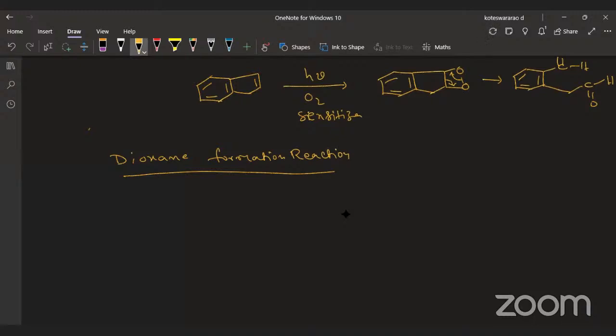That is called dioxane. This is the 1,3-butadiene derivative, like 1-phenyl, 1,3-pentadiene, with the substitution at first position, 1-phenyl, 1,3-pentadiene, which on irradiation with light in presence of singlet oxygen and in presence of sensitizer leads to the formation of a six-membered ring.